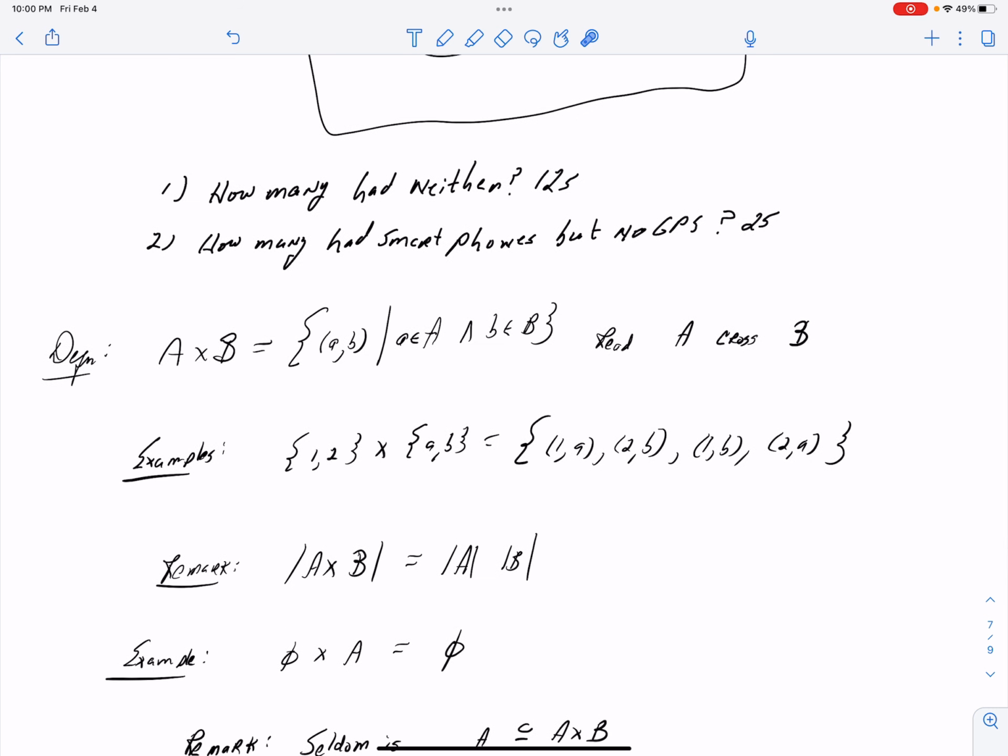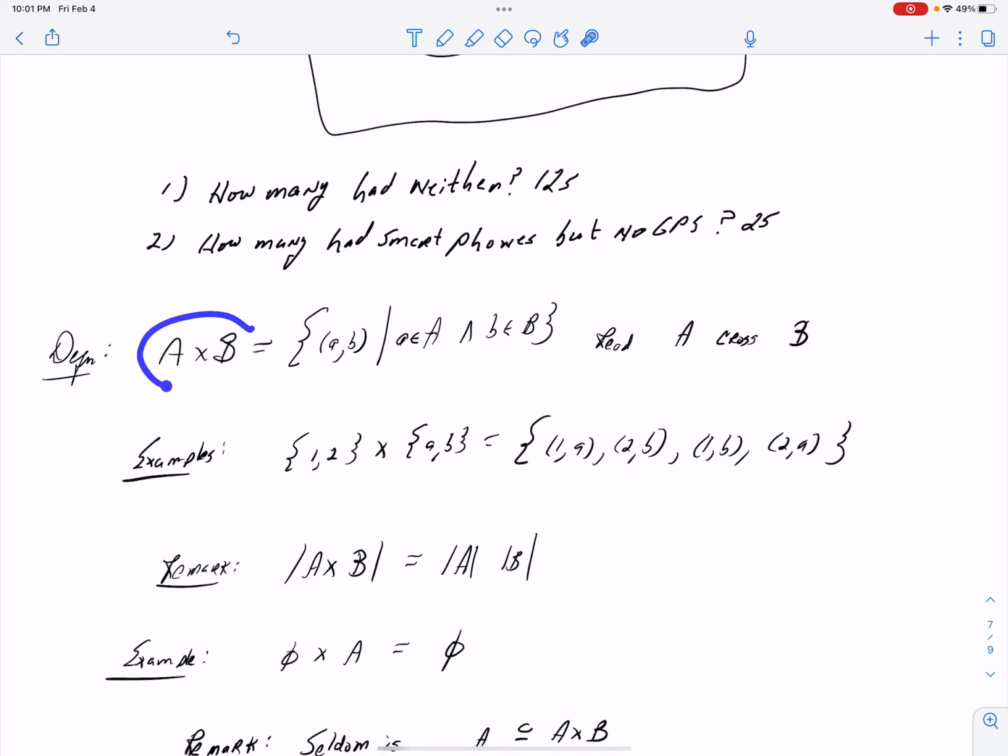Now I want to talk about the Cartesian product of two sets, so A cross B. You probably have heard about Cartesian product before when we're talking about the Cartesian plane. And if you think about the Cartesian plane, every point in the plane is represented by an ordered pair.